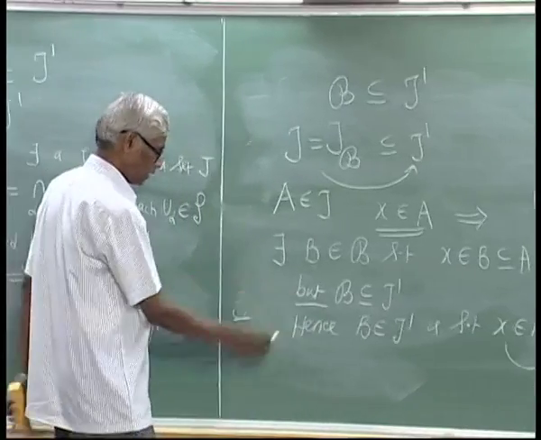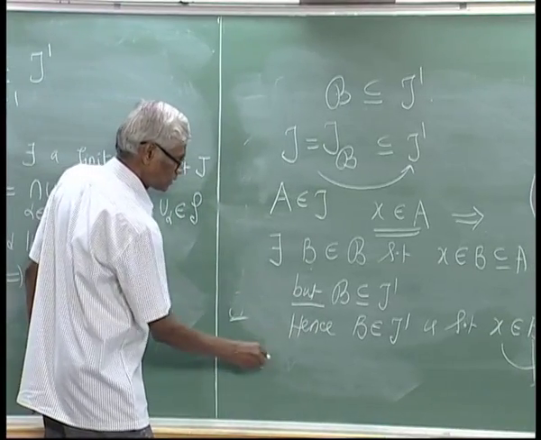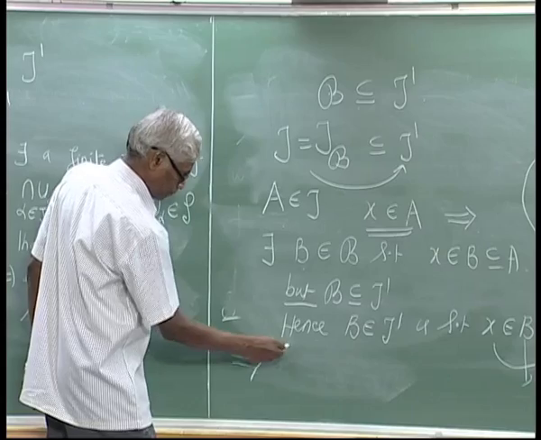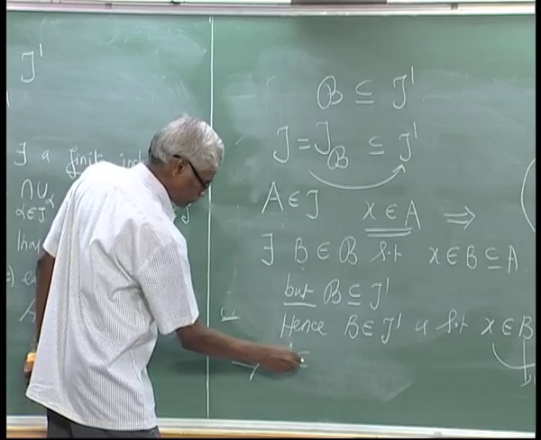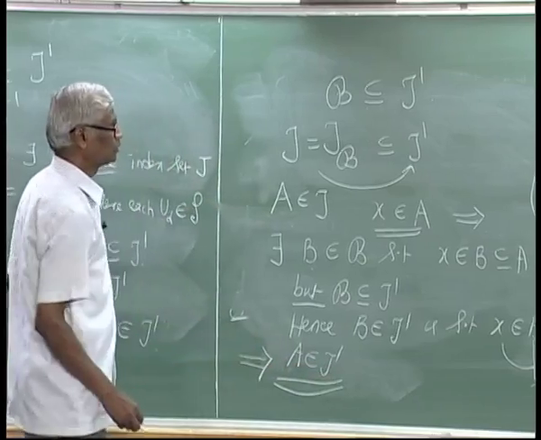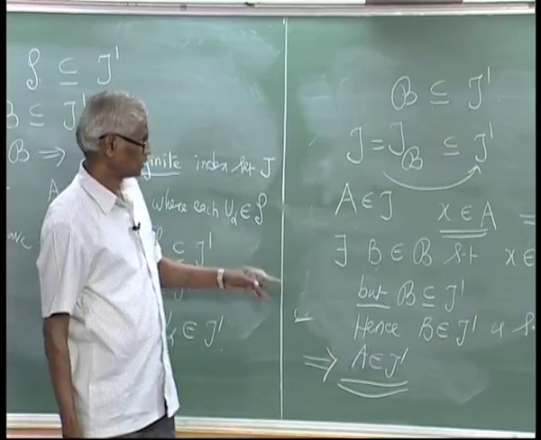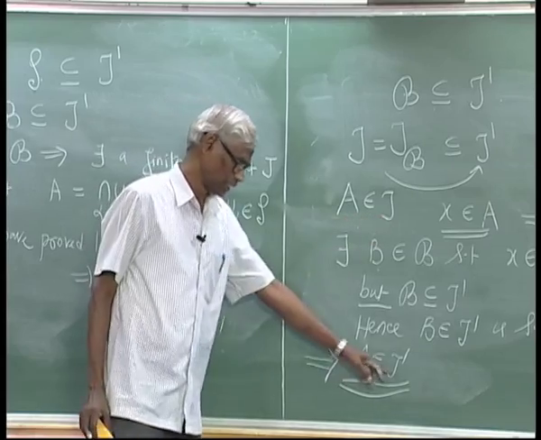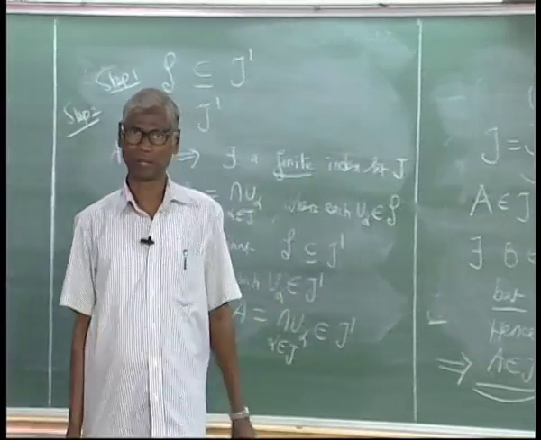This proves that A is open with respect to tau prime. That is what we wanted to prove, that is A in tau implies A belongs to tau prime.